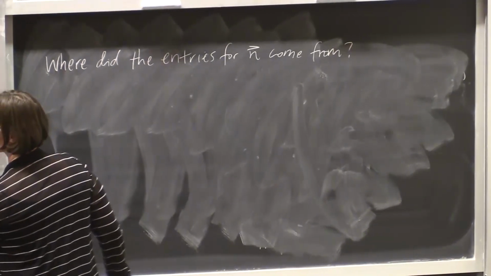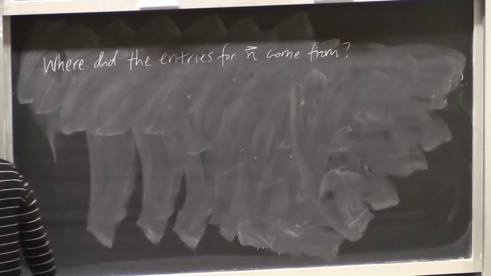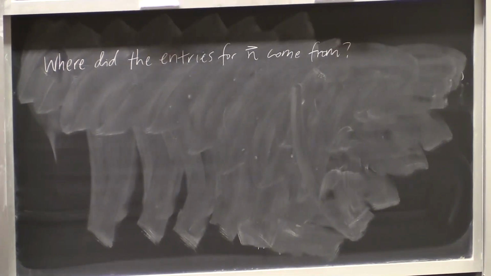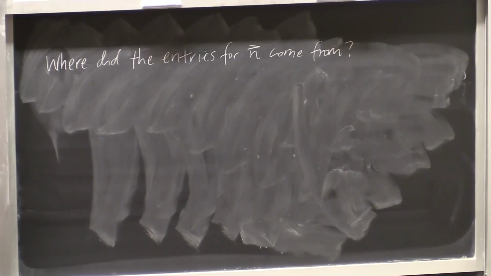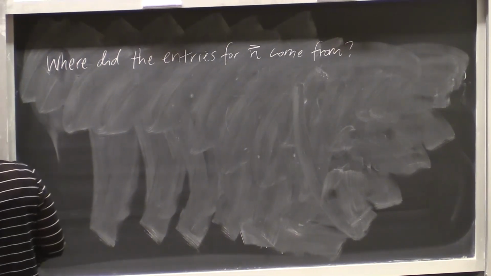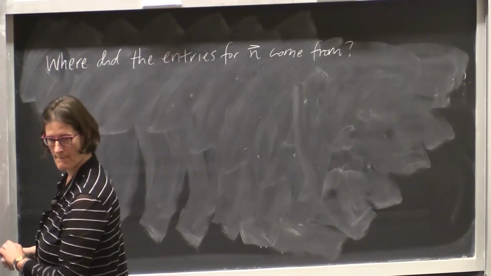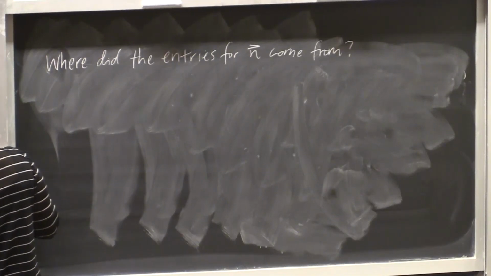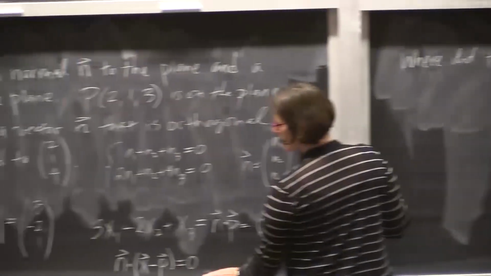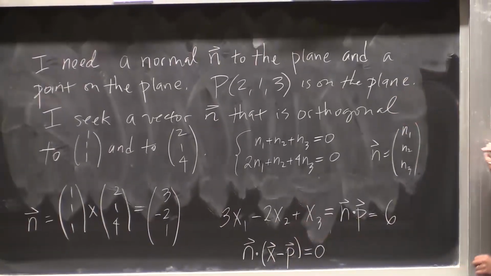So the position vector for this point is (2, 1, 3). This is the point. This is the position vector for that point. And so when I took the dot product of the normal with that position vector, I got 6. And the reason I did that was because of what we did on Monday about scalar equations for planes and realizing that that's this.